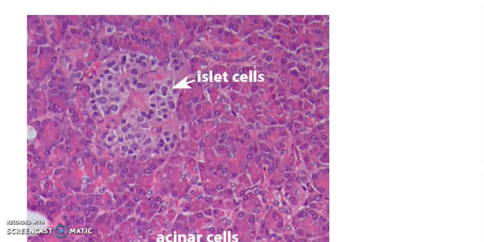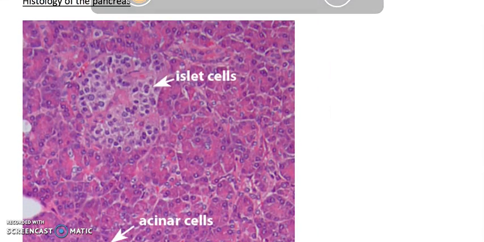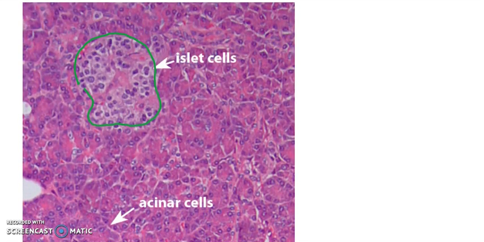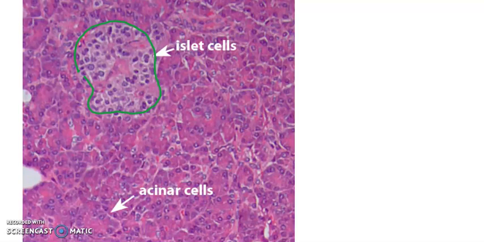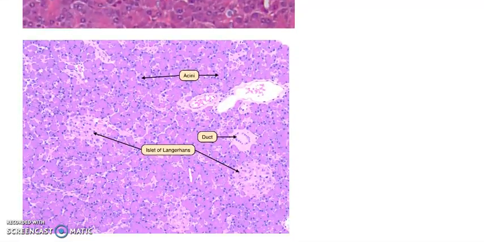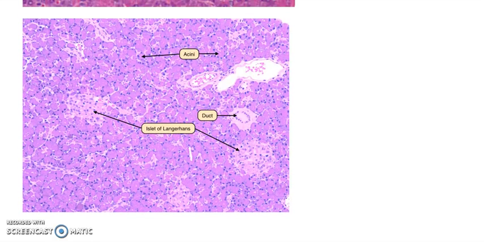Okay, so here is histology of the pancreas. You'll notice that the islet cells are called thus because they're surrounded by these darker purple cells. They're like an island. So islet cells are right there. Everything else, the majority of the darker colored tissue, these are the acinar cells. And here's another example. Again, islet cells are surrounded like little islands.